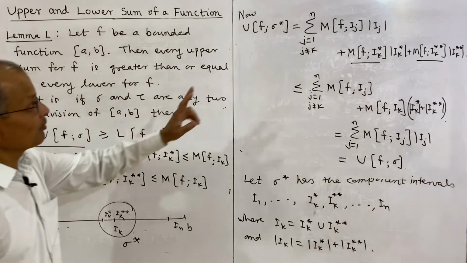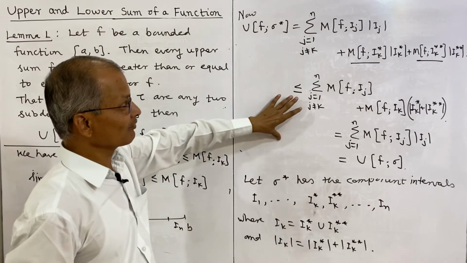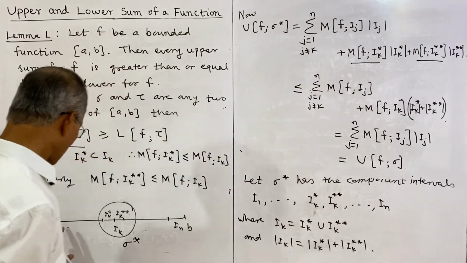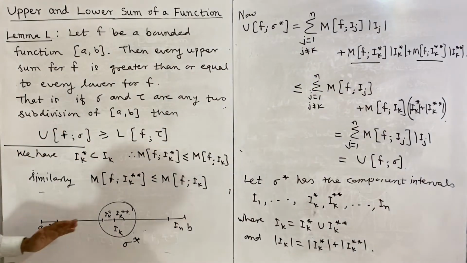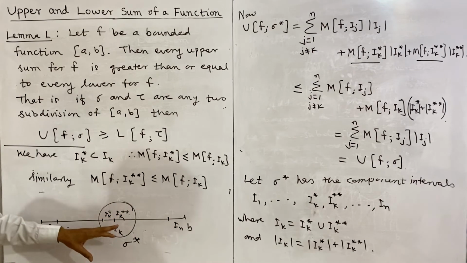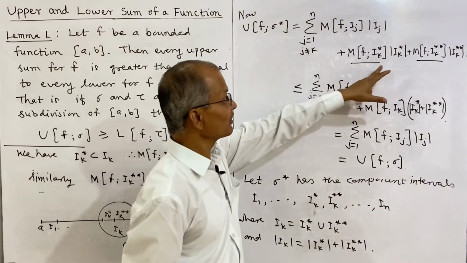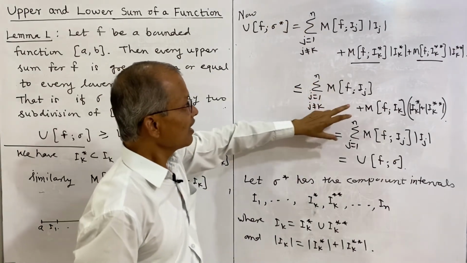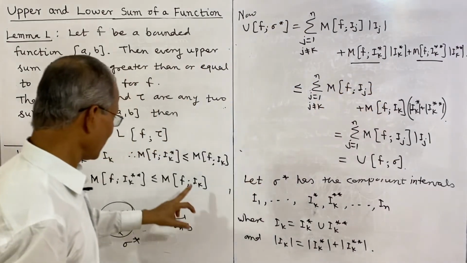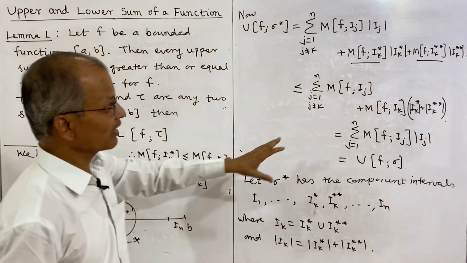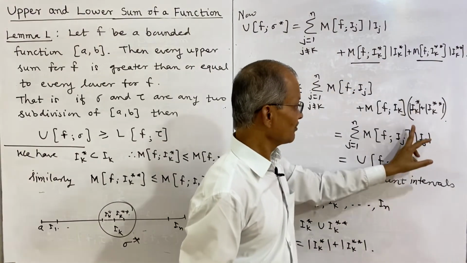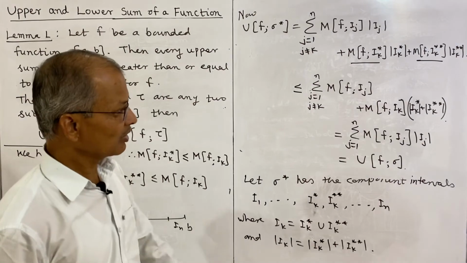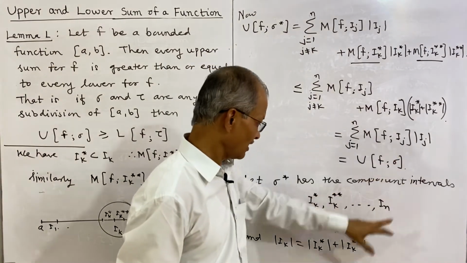The upper sum for f on sigma star we have expressed like this, taking these components, this is sigma star, but then the k term is written separately and not included in this summation. And further we have replaced these two values by the greater value m, and we have taken these intervals in brackets, and the addition of these two intervals is the length of I_k.